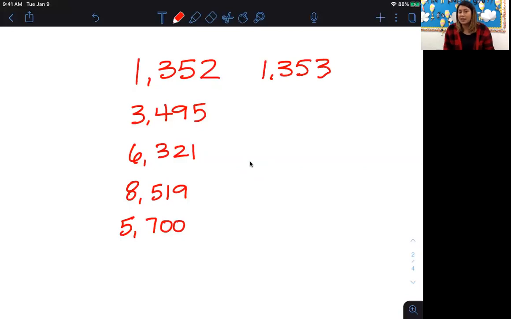Most of the numbers stay the same. The only thing that changes is the number in the ones place. What would be the number that comes after 1,353? Well, you know that 4 comes after 3, so you would write 1,354.